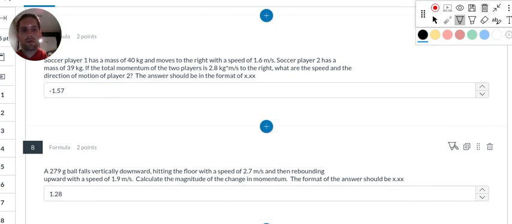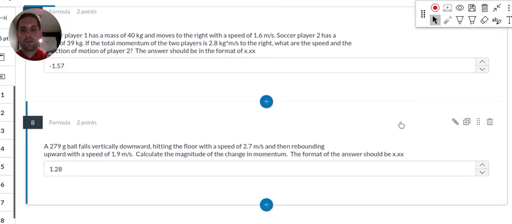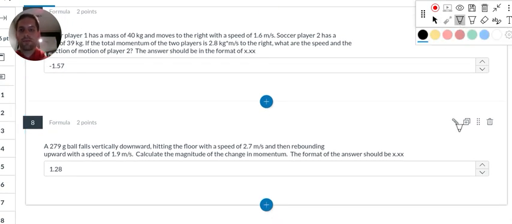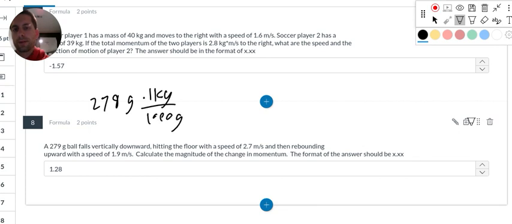Okay, last problem. For this one, we have this ball falling downward. That's in grams though, it has to be in kilograms. So we divide that by 1,000 grams. The reason we do that is to convert to kilograms, so that's what we have to do to cancel that.